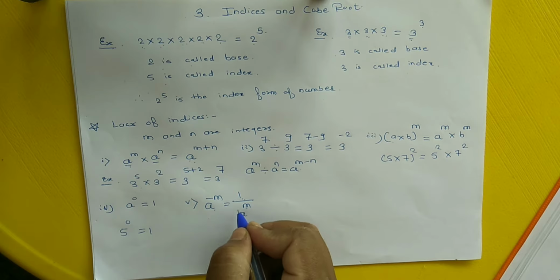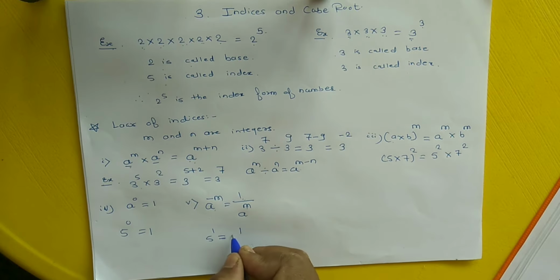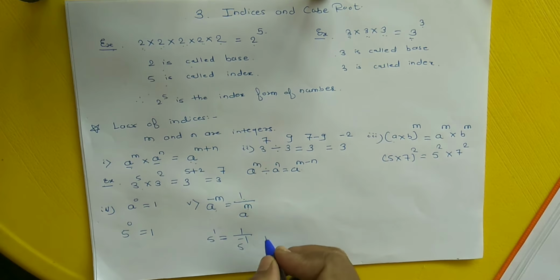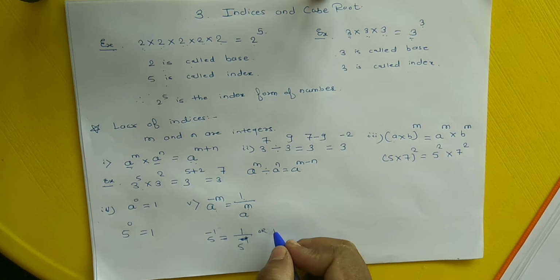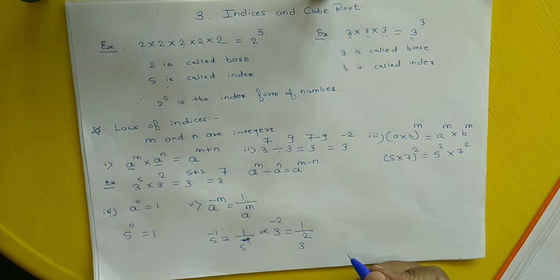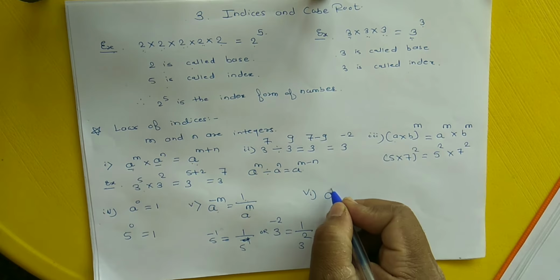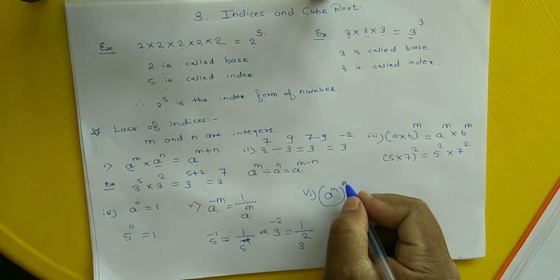So a to the power minus m is 1 upon a to the power m. For example, 5 to the power minus 1 is 1 upon 5. Or as a second example, 3 to the power minus 2 can be written as 1 upon 3 to the power plus 2.